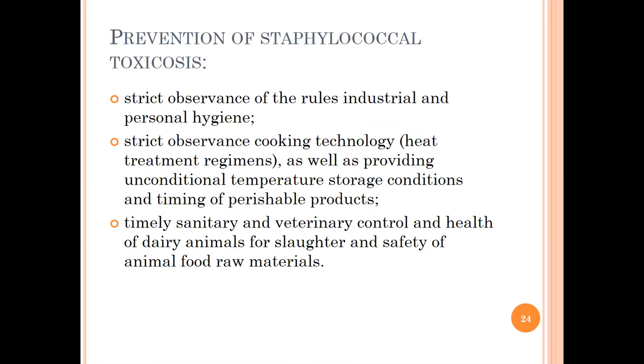Strict observation of food sanitary hygiene in the food industry and personal hygiene are absolutely necessary, like strict observation of cooking technologies and proper heat treatment regimens. It means enough temperature and enough exposure, and especially unconditional temperature storage conditions and timing for perishable products.